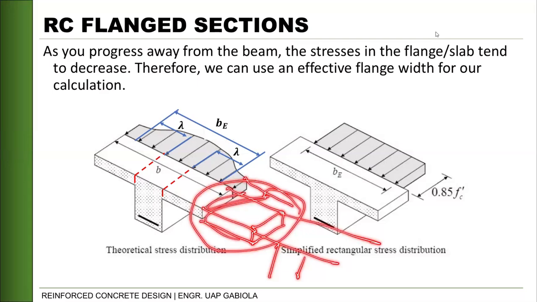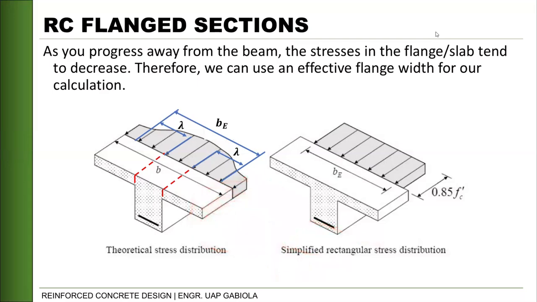So parang redundant naman kung pati yun i-consider mo pa on your design. Kaya sabi ni code from the face of the member or the beam, mag-assume tayo ng lambda distance and then yung total niya with the width of the web will be what we will call na effective flange width. Okay? And the code has a formula for that.